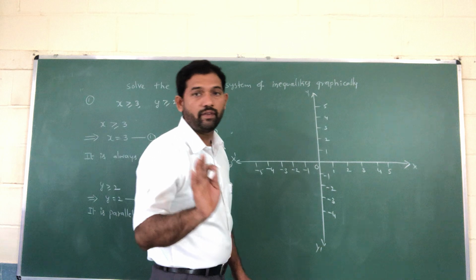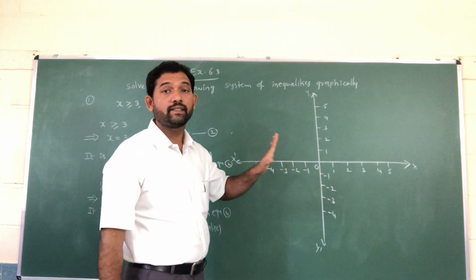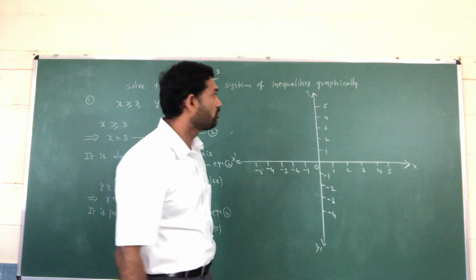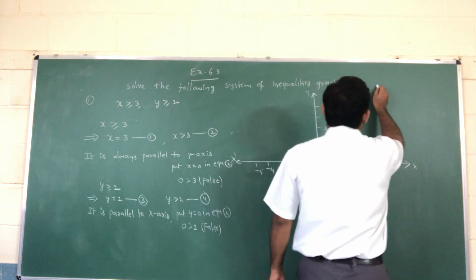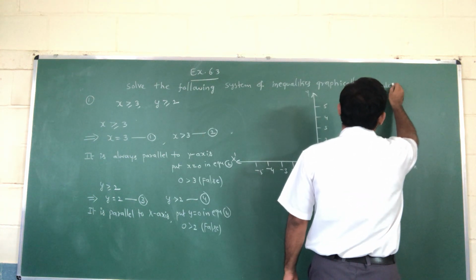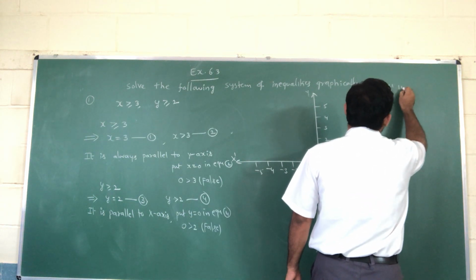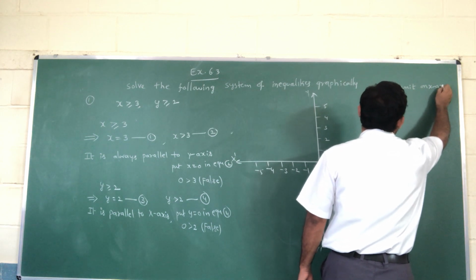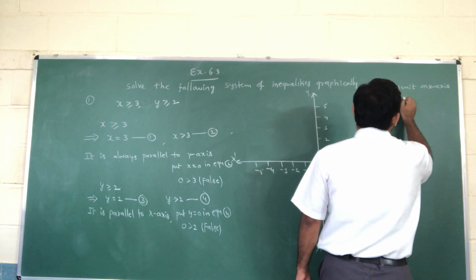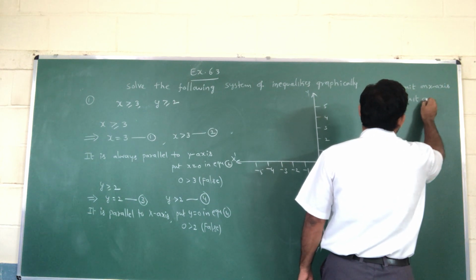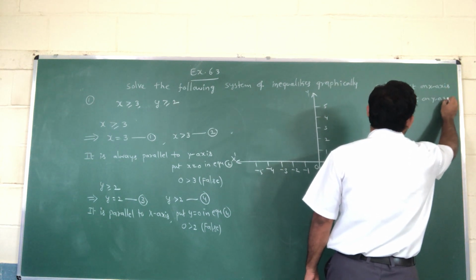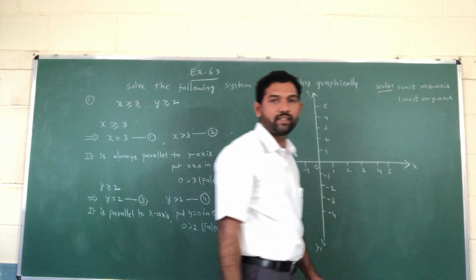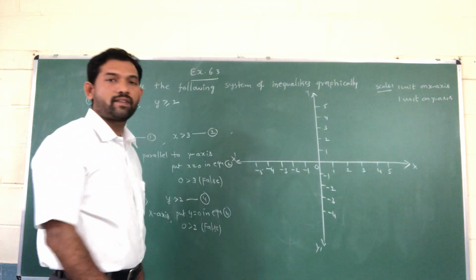After that, as I said very clearly, you should write the scale of this graph. Scale: 1 unit on x-axis, 1 unit on y-axis. You must write that scale.